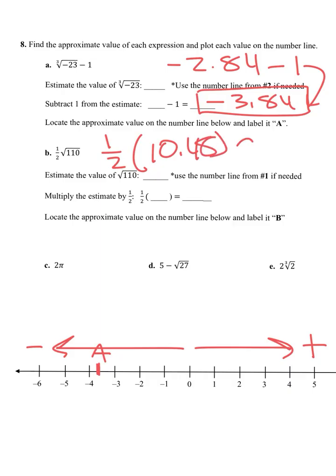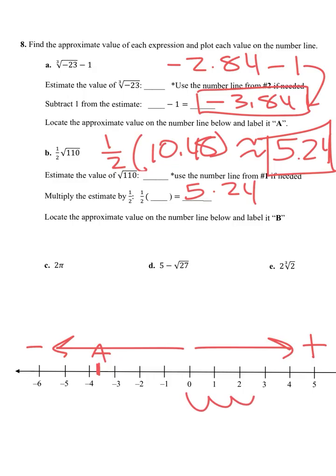Approximately, it's approximately equal to 5.24. It says multiply the estimate by 1/2. Okay, we already did that up here. So what's the final answer? 5.24. And where's that on the number line? If I start from 0, I go 0, 1, 2, 3, 4, 5. And 5.24 is kind of like there. So I'm going to label it B.